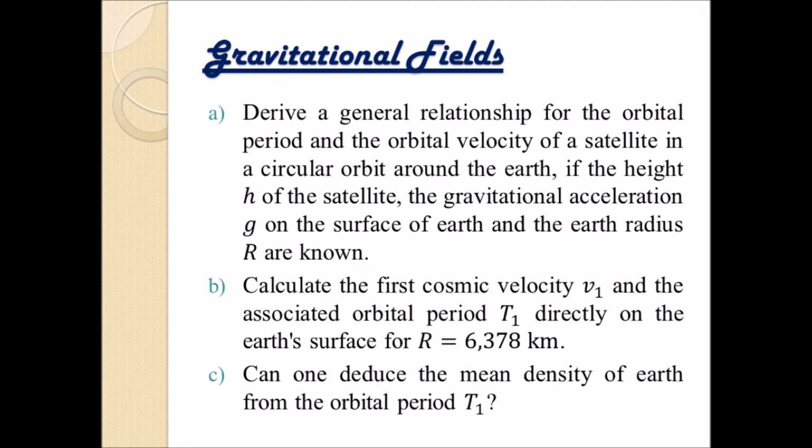B. Calculate the first cosmic velocity v1 and the associated orbital period t1 directly on the Earth's surface for r equals 6,378 kilometers. And C. Can one deduce the mean density of Earth from the orbital period t1?